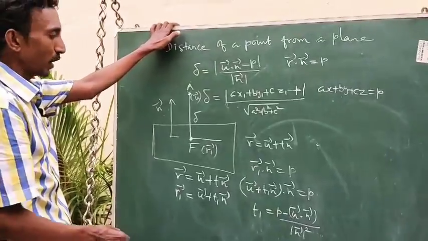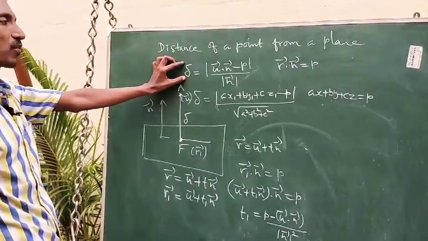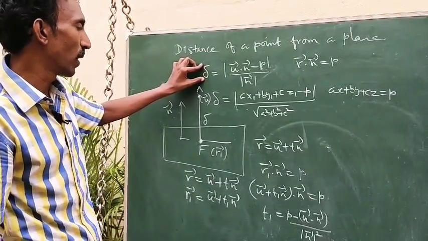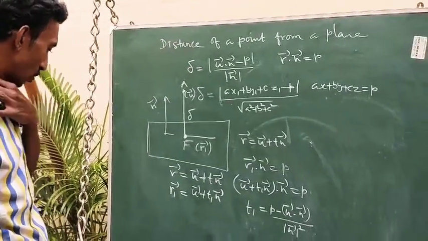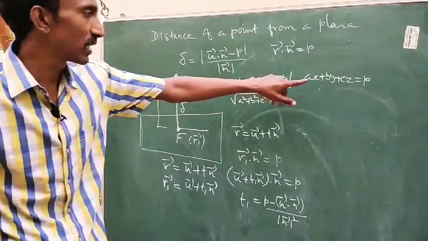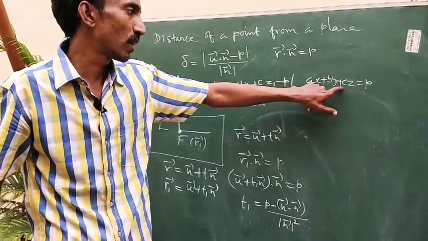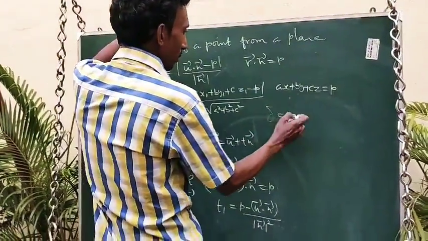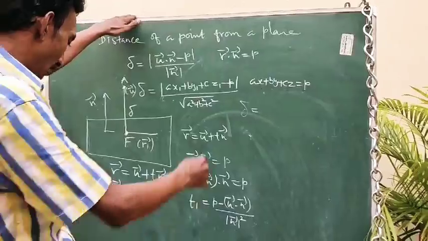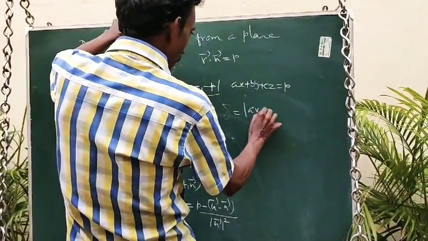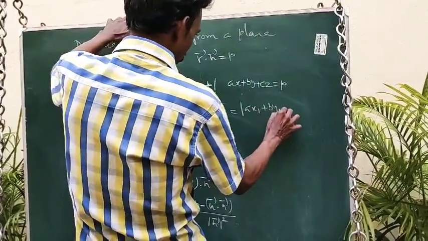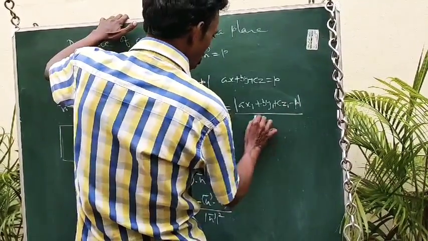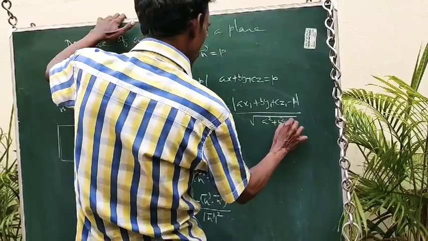Use that one and apply it, and finally take the modulus to get the distance. So magnitude of FA, we are getting this formula: delta equals modulus of u dot n minus p by modulus of n vector. So remember this formula. Suppose it is in the Cartesian form, ax plus by plus cz equals p, then the formula can be written as magnitude of a x1 plus b y1 plus c z1 minus p by root of a square plus b square plus c square.